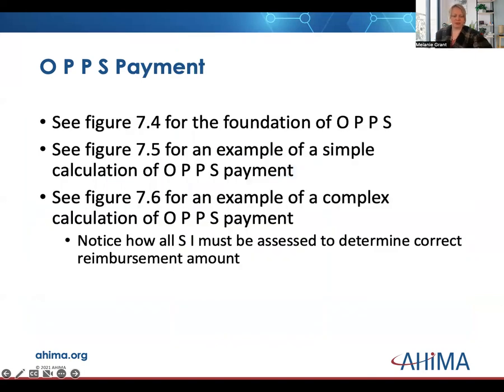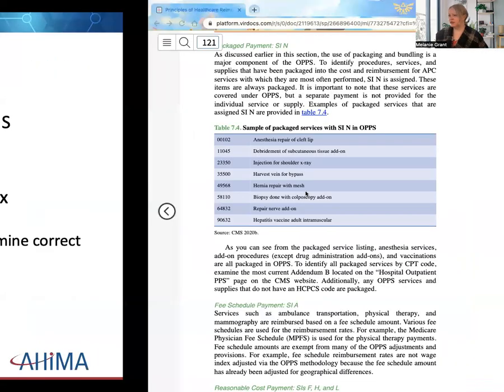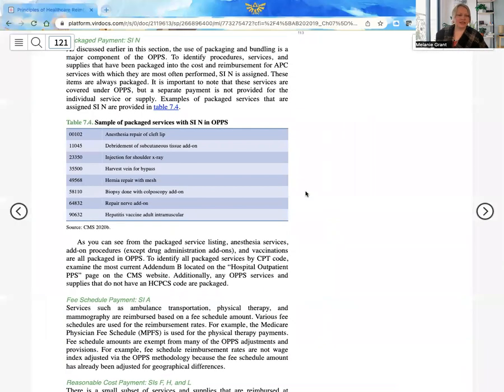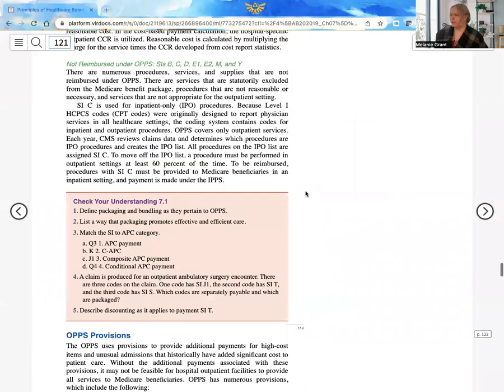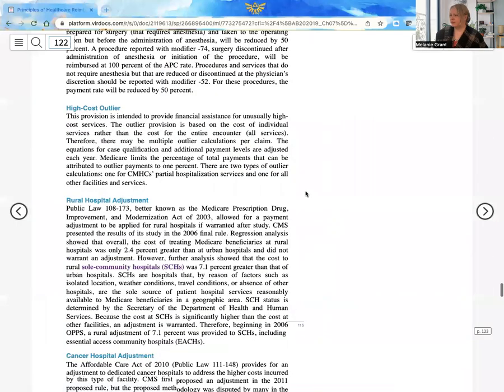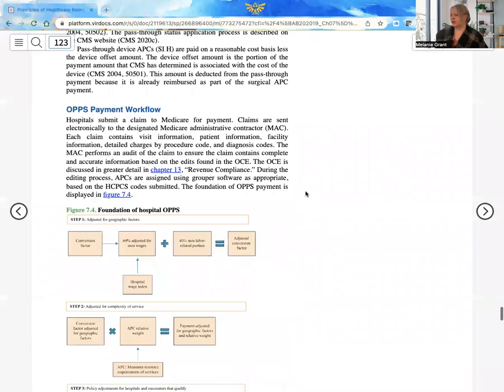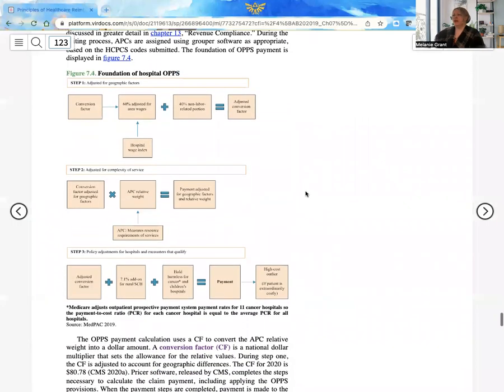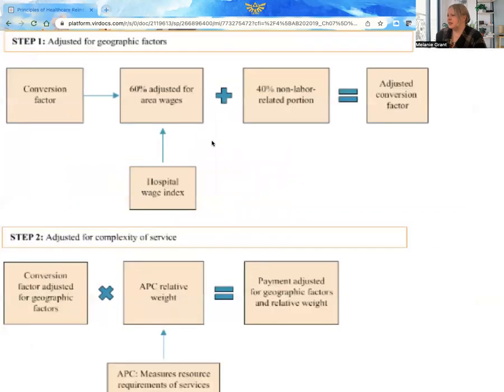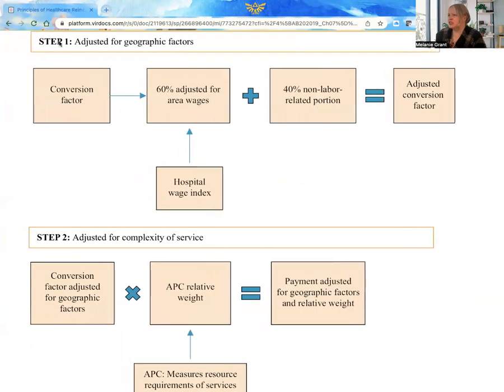We have a couple of examples we can look at for this. So looking at figure 7.4, which will come down here now, we have what's called a foundation of the hospital OPPS. And so basically, we're going to zoom in here. This is just saying all the things we just looked at. The first thing is a conversion factor.